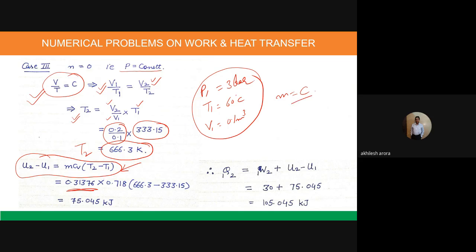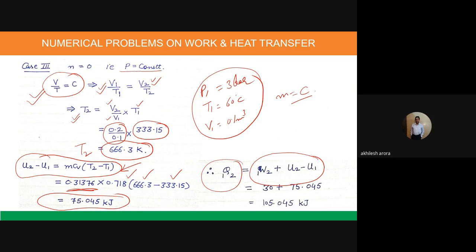So you can put the values of mass, Cv, this is T2, this is T1, and this is the value of U2 minus U1. Now to calculate the value of Q1 to 2, I can use this equation.